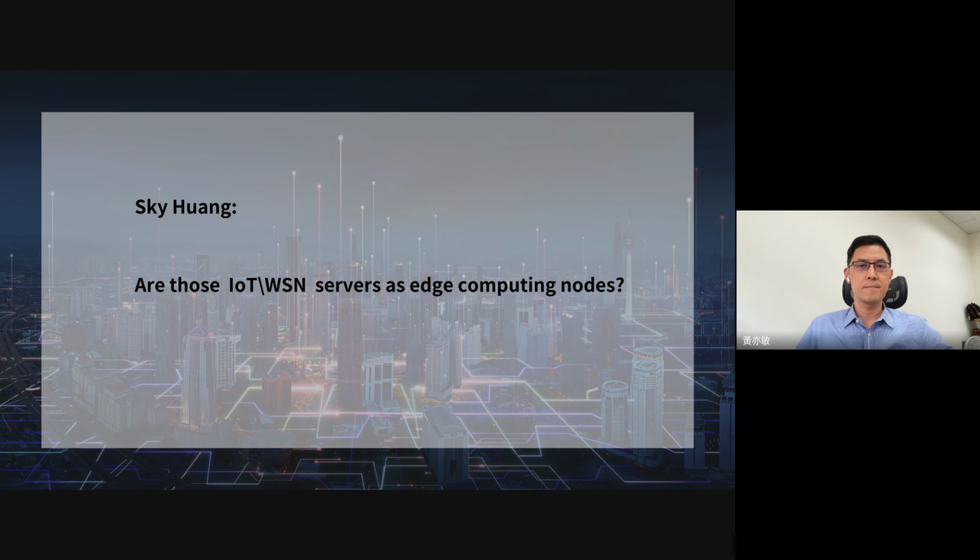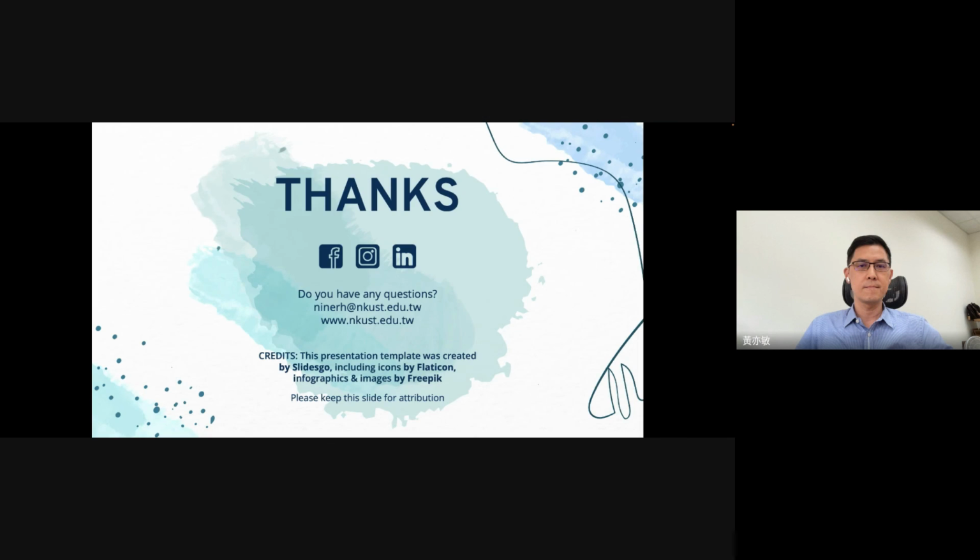Well, you can use them as the edge computing nodes. Yes, you can do that because WSN or IoT is a network. In my point of view, it's just a network. Each sensor is a node. So if you want to design the edge computing, it is possible.